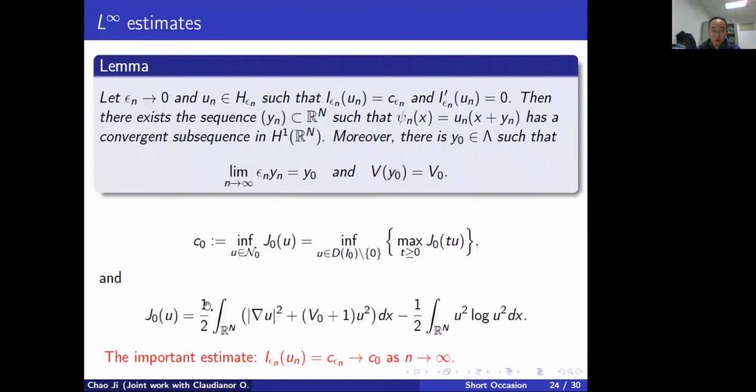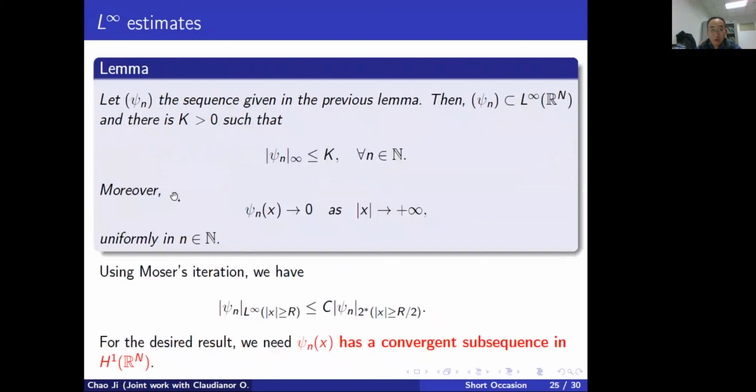Okay, I'll show you. Oh, sorry. I will do multiple iteration. We can get this inequality. In fact, we should say this L infinity norm is small enough for n uniformly.